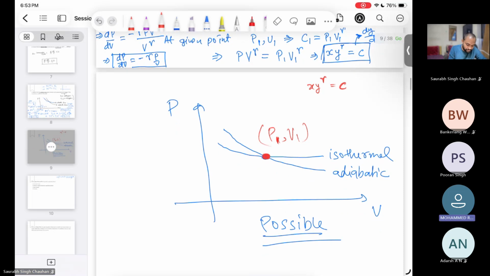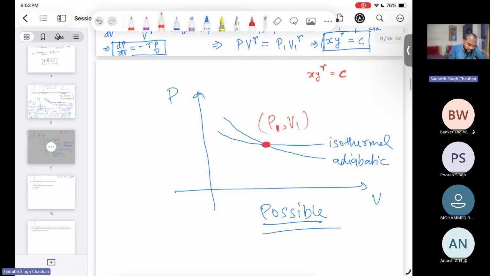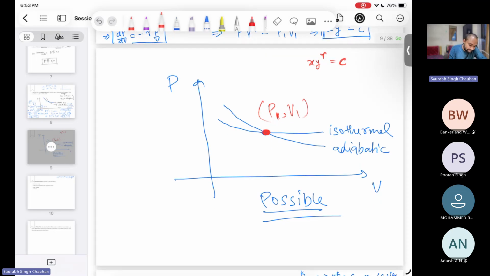Let me reframe this. If you have two intersecting curves, you can still have a function like f(x, y) equal to some constant.